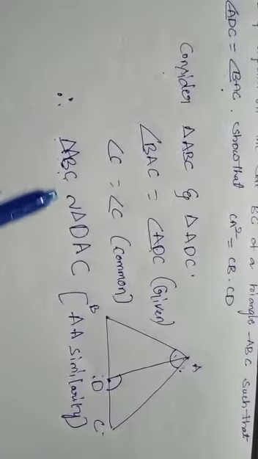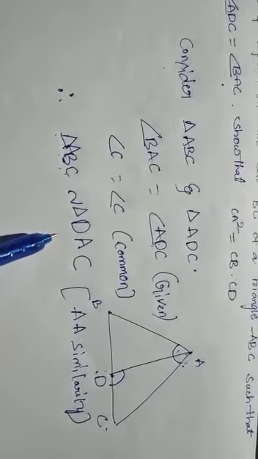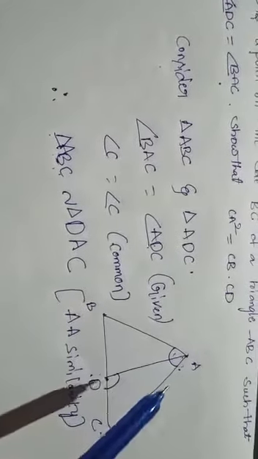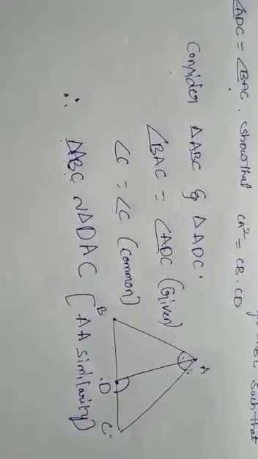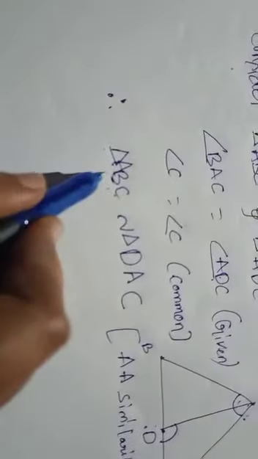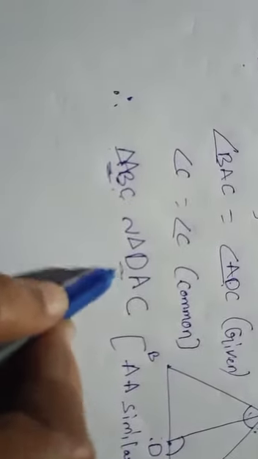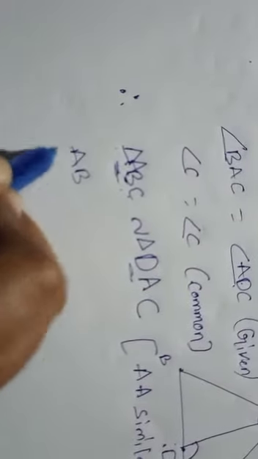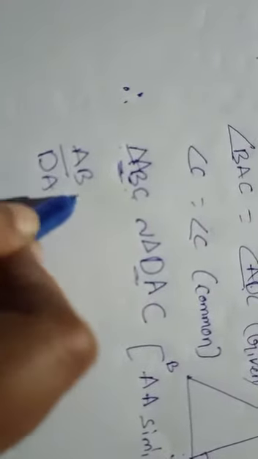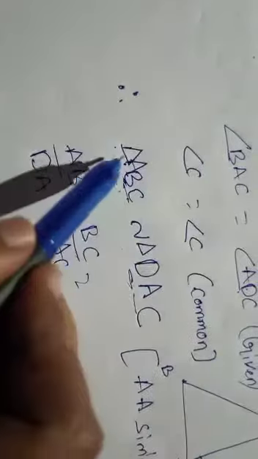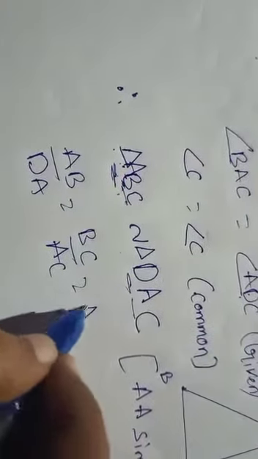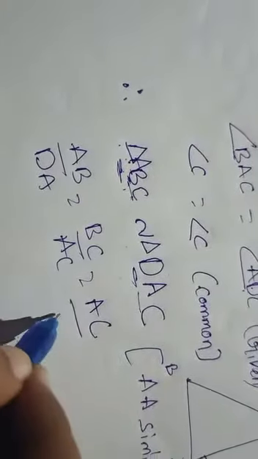If two triangles are similar, their corresponding sides are in the same ratio. Corresponding sides ratio is AB by DA equals BC by AC equals AC by DC.